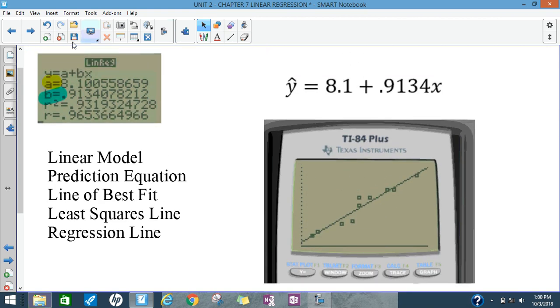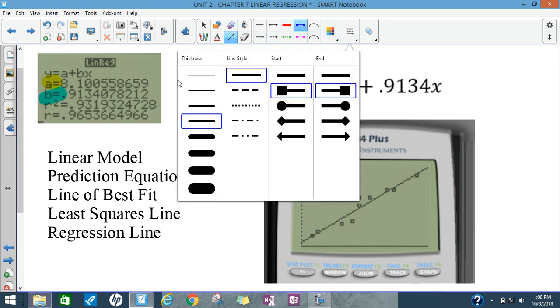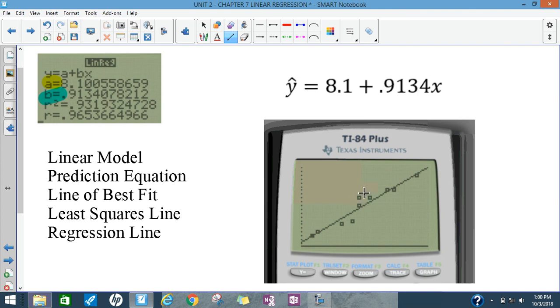And the one thing I wanted to point out about this line of best fit or regression line and its relationship with the data points is some are above and some are below. There are a couple who are right on the line. And so if I look at the distance, if you can see that blue line, the distance between any data point and the prediction line or the regression line is called a residual.